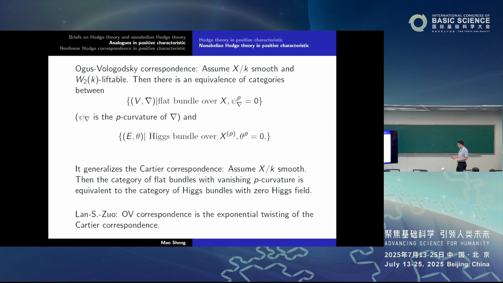Here we show that without PD structure, just assuming a stronger nilpotent condition, this is really a twisting version of the Cartier correspondence. You may also interpret this with the PD version using exponential twisting, but we didn't write it down. It just means that you can do something very concrete, differential calculus in KXP, to produce a very non-trivial correspondence.